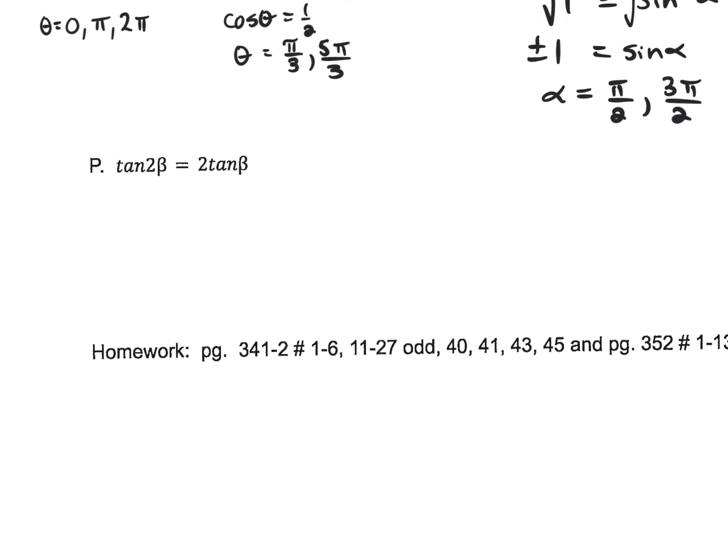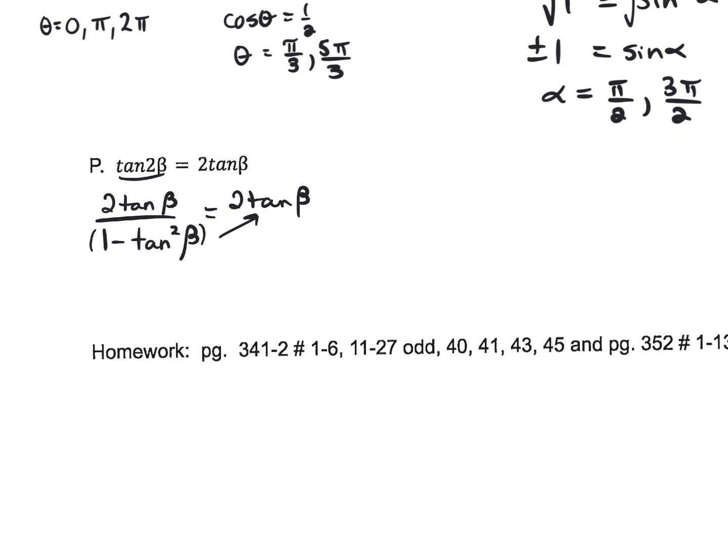Tangent of 2 beta. If you remember, we're going to plug in for this, and that is going to become 2 tan beta over 1 minus tan squared beta equals 2 tan beta. Okay? So now we've got to do some fun stuff. I'm going to cross multiply this over to this.